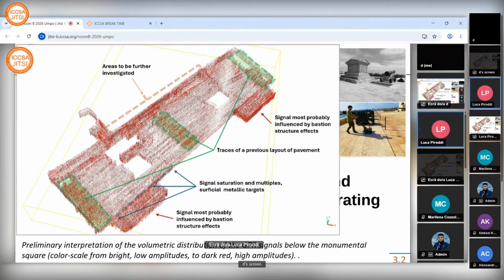For example, we have identified an area to analyze in depth, and we have identified 3 areas here with a green pattern that, comparing with historical aerial photos, could be related to ancient pavement layouts. The darker red on the top and on the bottom are probably linked to the structure of the bastion. And we can also see some modern infrastructure, like this dashed blue, that is a drainage system.